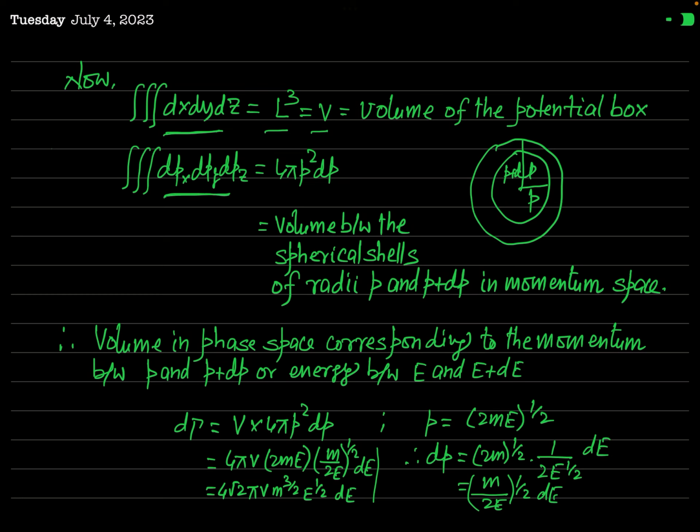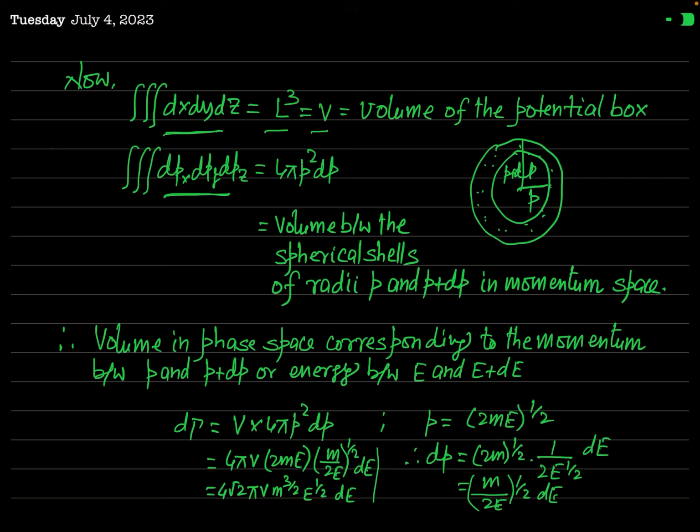And you know, this volume is simply the volume between two concentric spherical shells of radius p and p plus dp. In momentum space, if you consider two spherical shells whose centers are the same and whose radii are p and p plus dp, then the volume enclosed between these two spherical shells, which I am showing here by this shaded region, represents this volume.